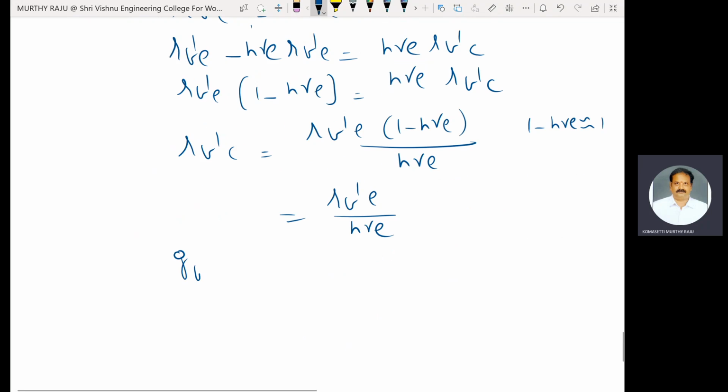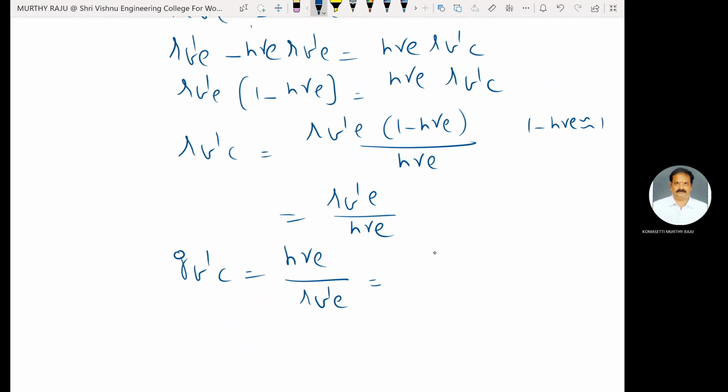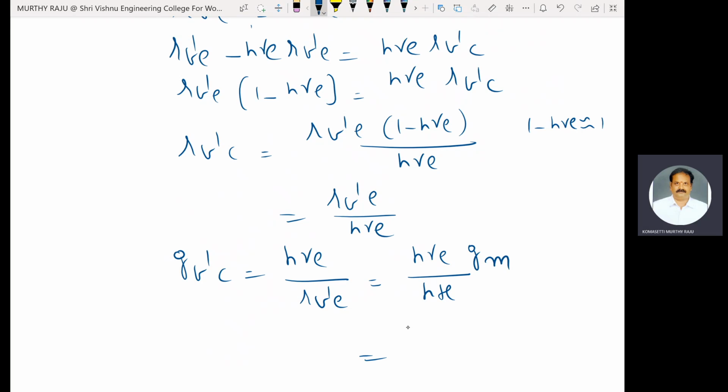Conductance means GB dash C is equal to HRE by RB dash E. From that initial, RB dash E is equal to HFE by GM. GM is equal to IC by VT.